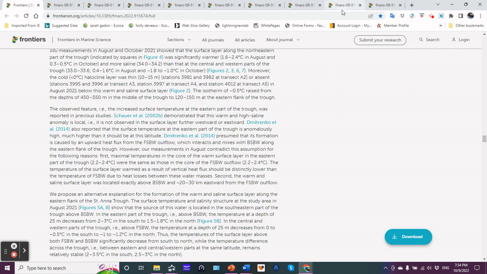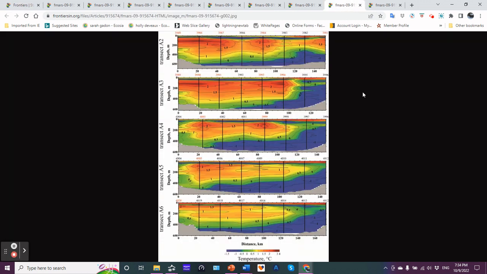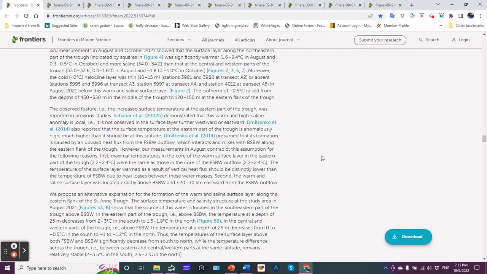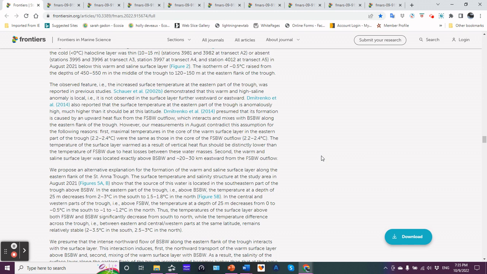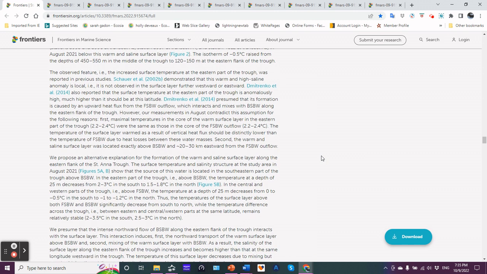And I think, look back at figure 2, that's kind of what they're getting at here. The observed feature, i.e., increased surface temperature at the eastern part of the trough, was reported in previous studies, which demonstrated that this warm and highly saline anomaly is local, i.e., not observed in the surface layer further westward or eastward.